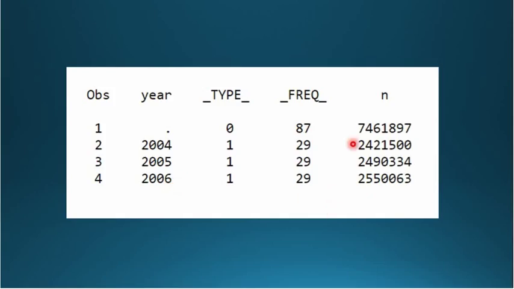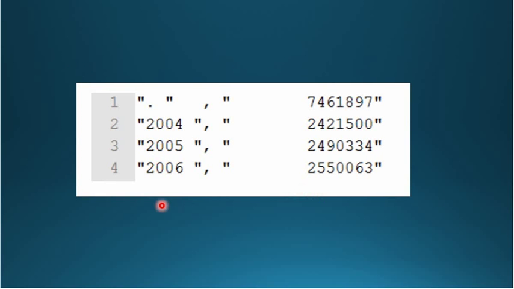So these are the Utah population estimates for 2004, 2005, and 2006, 2.5 million in 2006, across all 29 counties in Utah. So this is the output of the proc summary, and here's what it looks like when SAS sends it to IBIS-Q. We have a total row and then values for 2004, 5, and 6, separated by a comma.